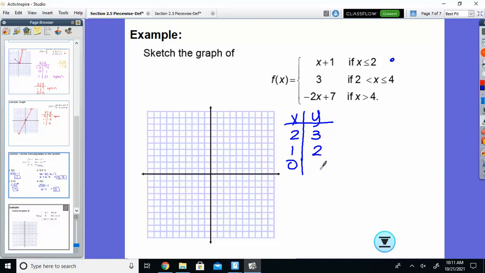So if I plug in 2, 2 plus 1 is 3. 1 plus 1 is 2. 0 plus 1 is 1. So 2, 3 was closed circle. We're going less than 2, so we'll keep going to the left. So 1, 2, 0, 1. It looks like that.